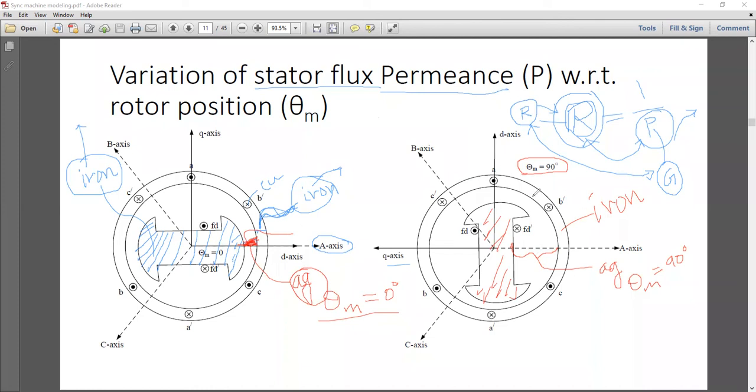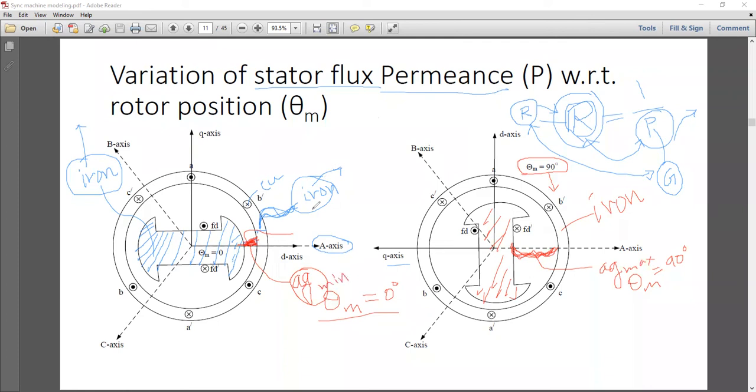And at theta m equals 90, you have the maximum air gap. So this is the maximum air gap, AG max, and this is the minimum air gap.